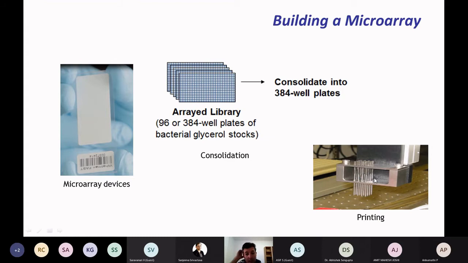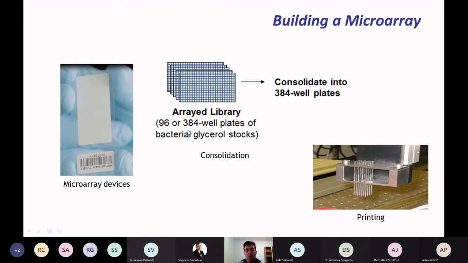And for printing, we use for our custom arrays pins with reservoir. It's a small reservoir. And you can see here in the robot, in the platform, the slides are superposed, and you can see here these small devices that produce a vacuum that avoids any movement of the array during the print.